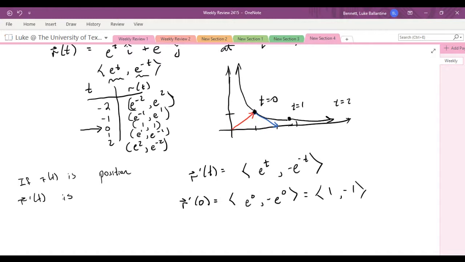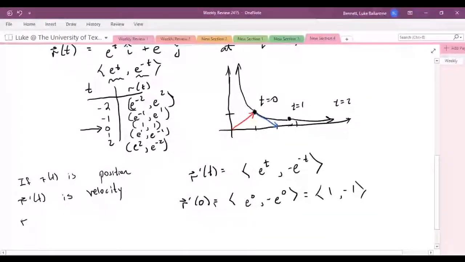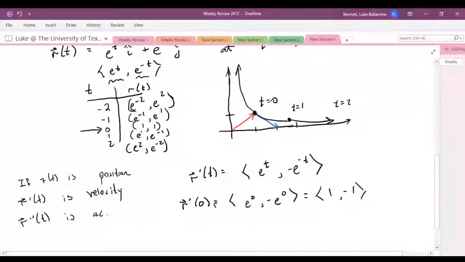If r of t is position, r prime with respect to time is velocity. And then r double prime of t is acceleration.